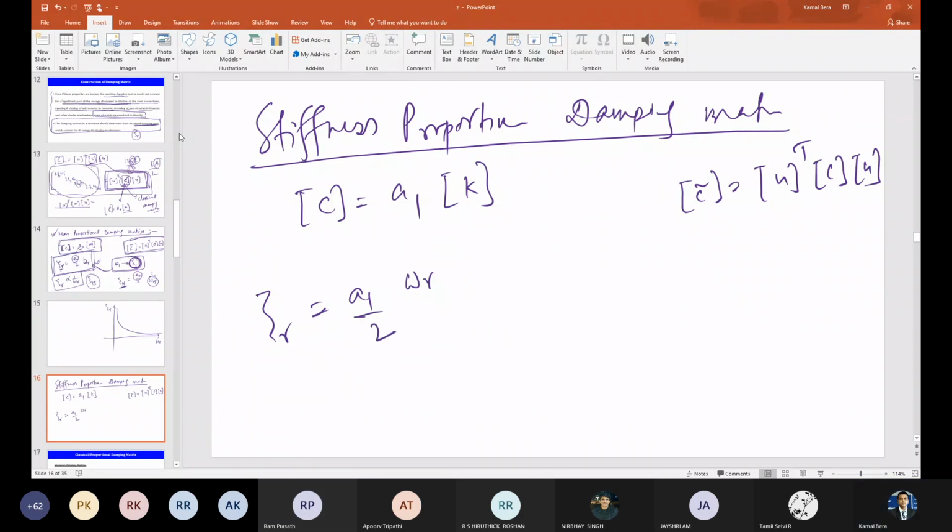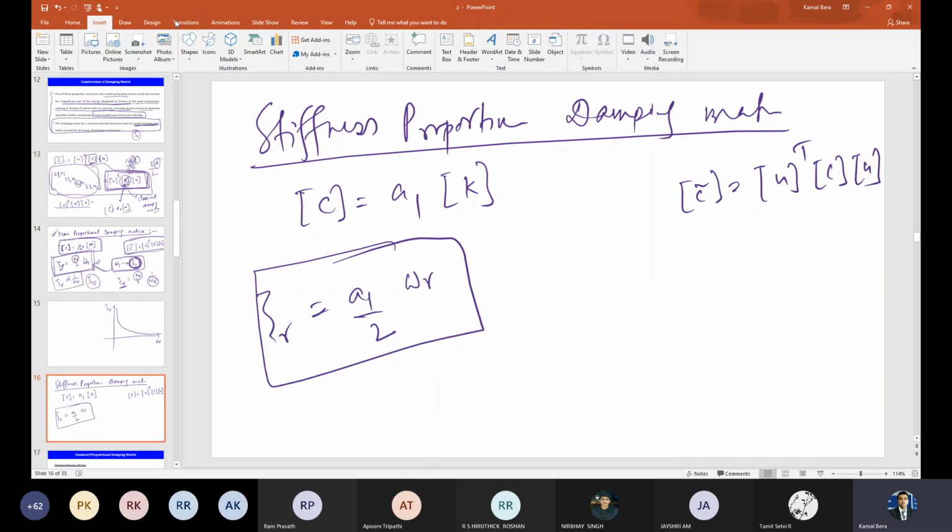Correct? That is what, right? Yes, sir. Anybody has any doubt with this zeta r? Anybody has any doubt?